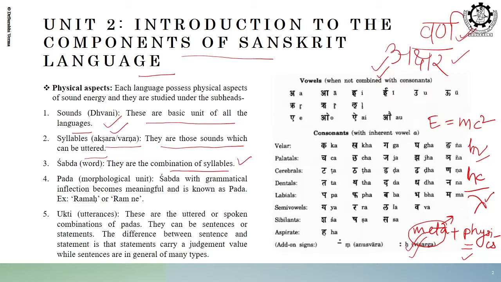Even if you comprehend that each sound has a particular energy, and a particular energy has a particular wavelength, then you can understand that each sound which is produced, whether it is uttered or not, whether we can hear it or not, doesn't matter. It has energy, so it has a color.